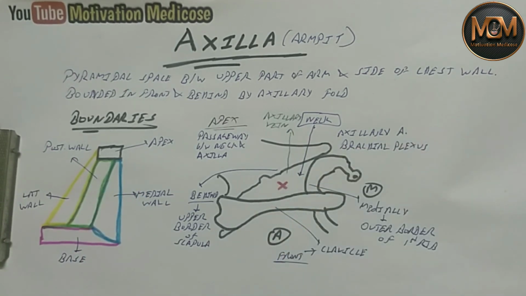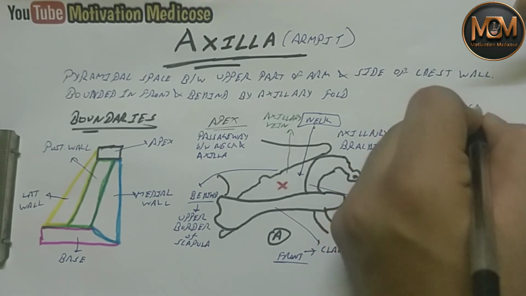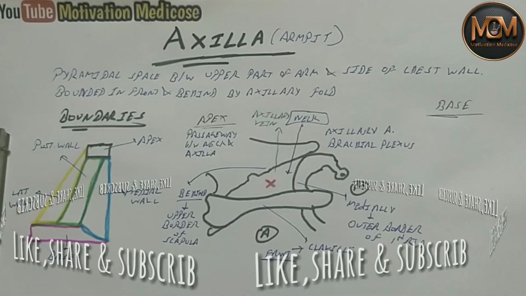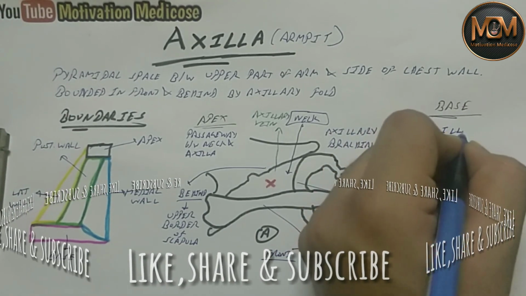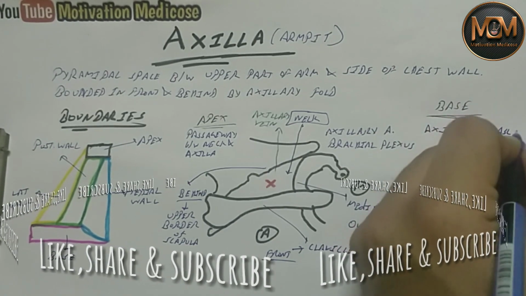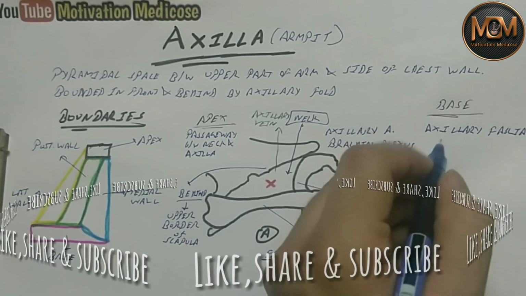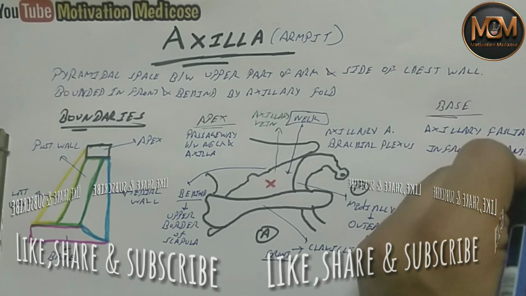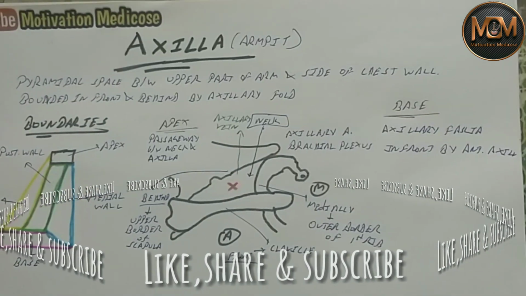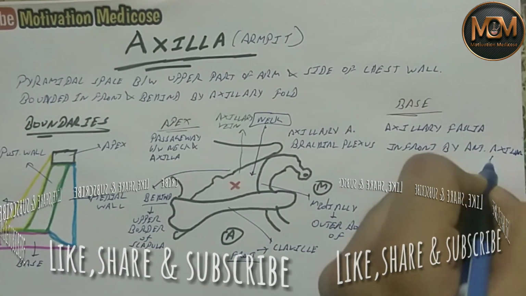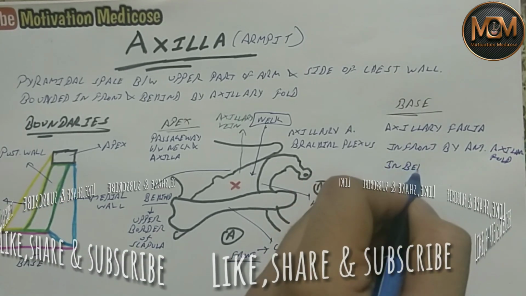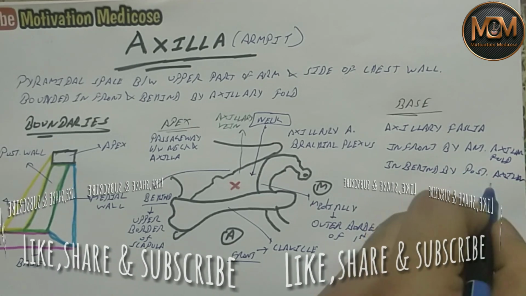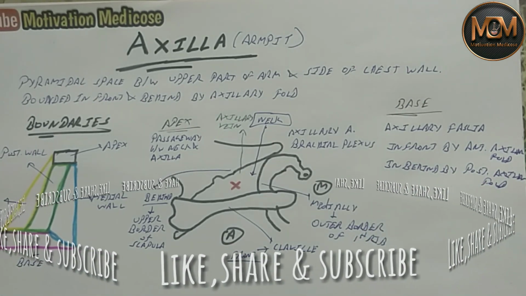Basically this base is formed by the axillary fascia, and in front by the anterior axillary fold, and behind by the posterior axillary fold. So this will form the base.